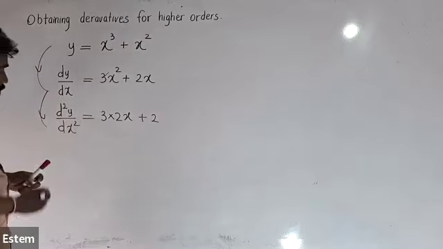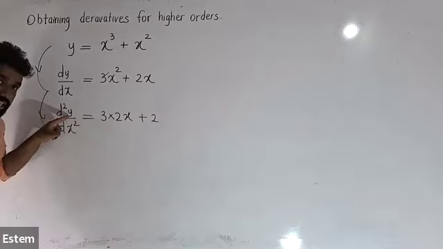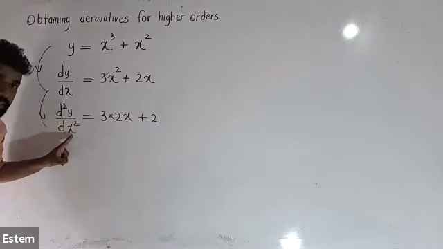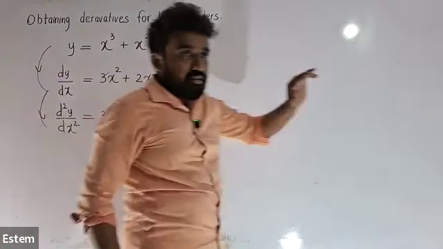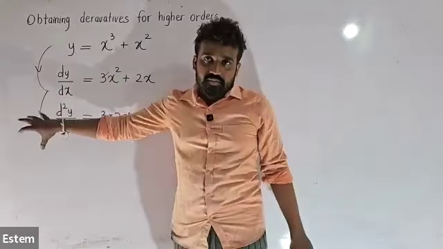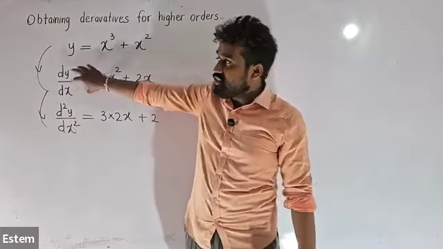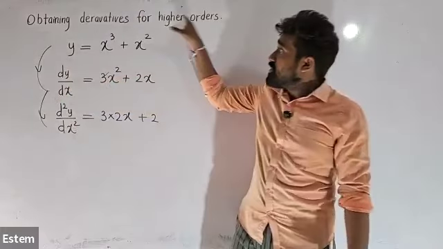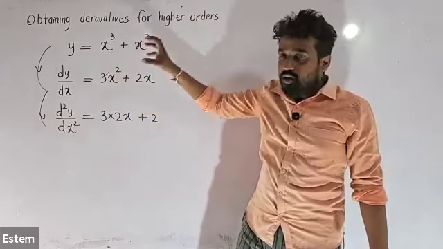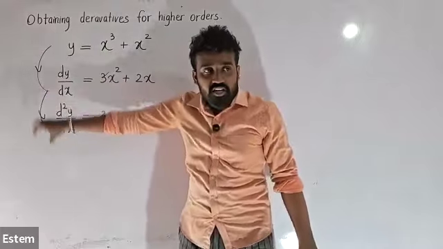This means we are differentiating y with respect to x again. This is the second order differentiation. These are the higher orders. In previous sessions, we only differentiated in first order, but now we are going to differentiate higher orders.